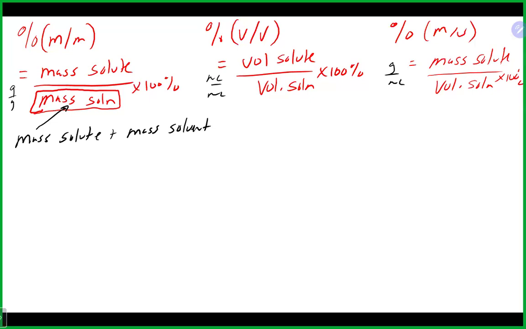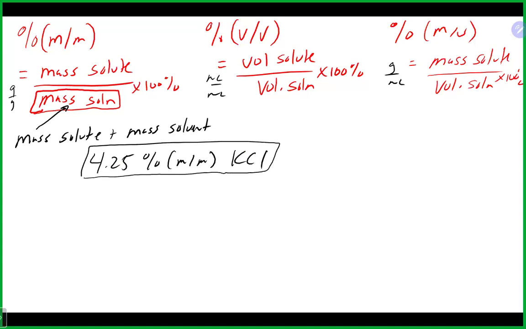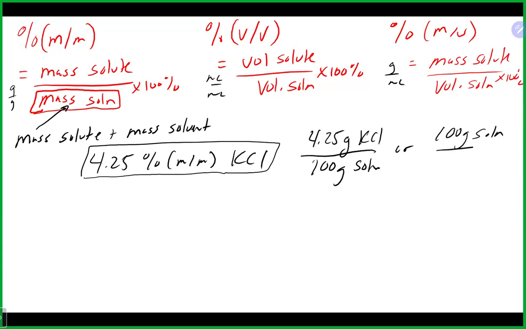But if you are given the percent, for example, a 4.25% by mass calcium chloride solution, one of the ways you could use this to your advantage is to turn it into a conversion factor, and you could just assume 100, and that would get you two conversion factors: 4.25 grams of KCl in 100 grams of solution, or in 100 grams of solution, there is 4.25 grams of KCl.